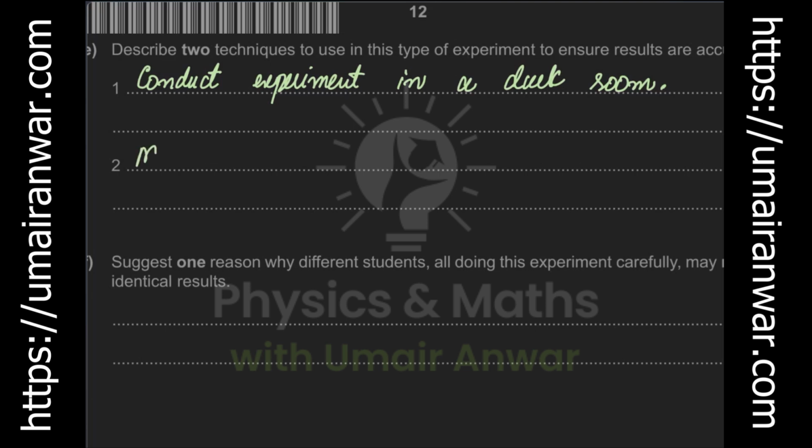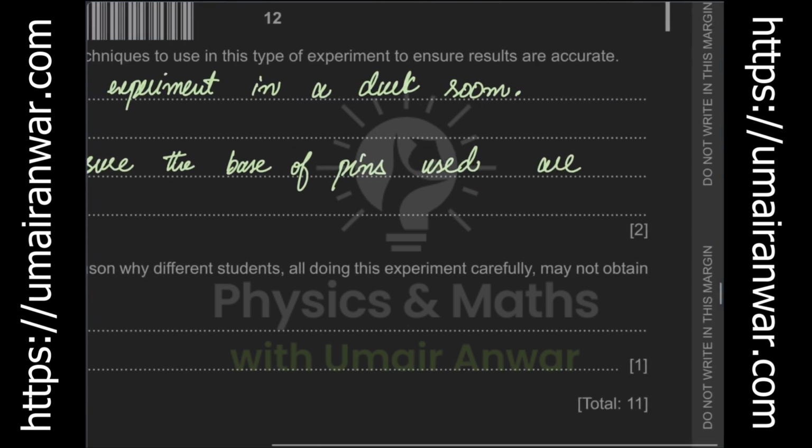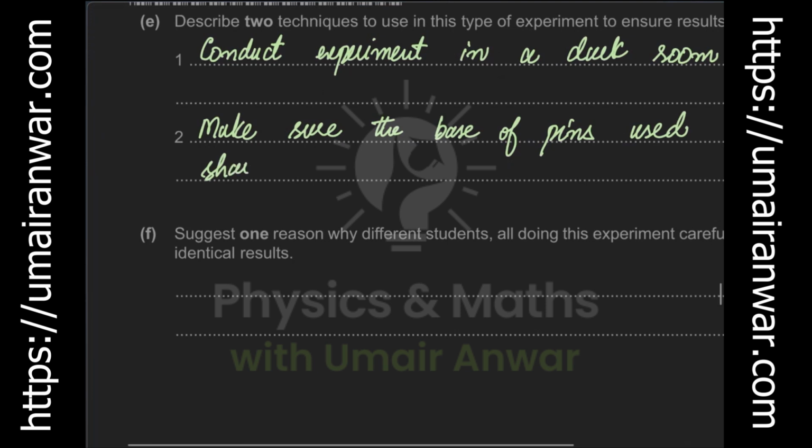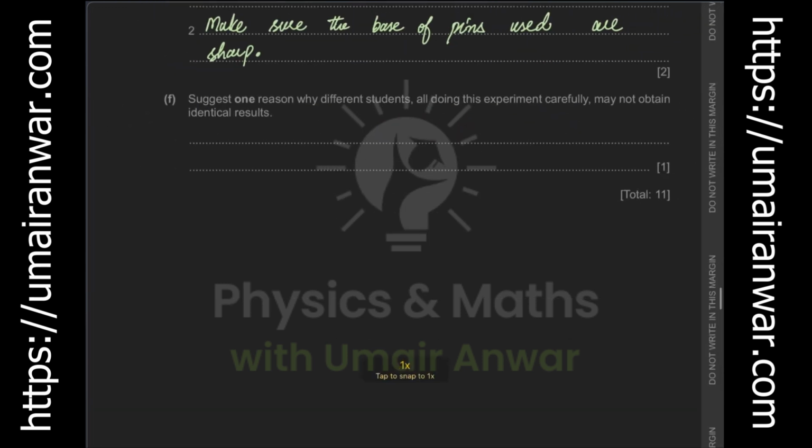Number two, make sure the base of pins used are sharp, so they can be easily put in the paper and the cardboard, and the thickness should be lesser so that the experiment is not affected by the thickness of the base.